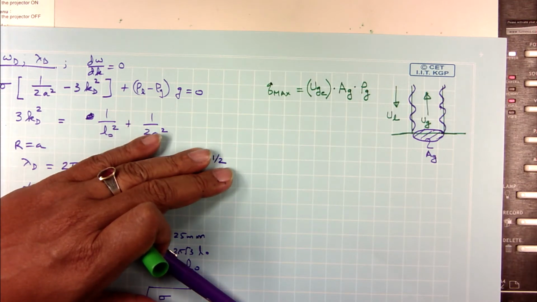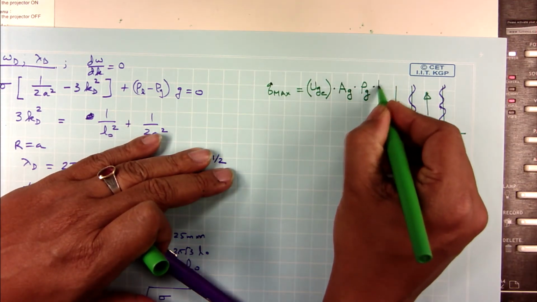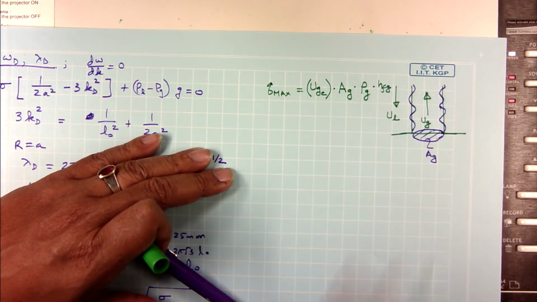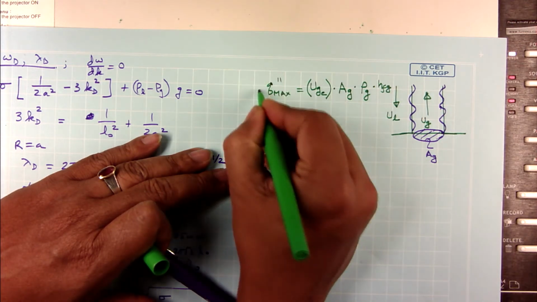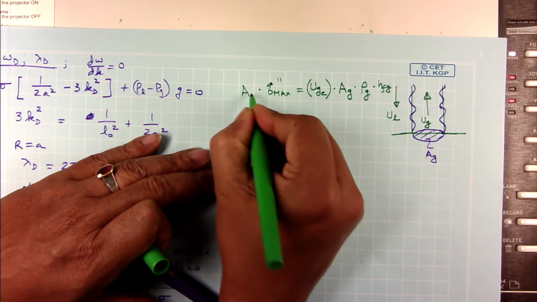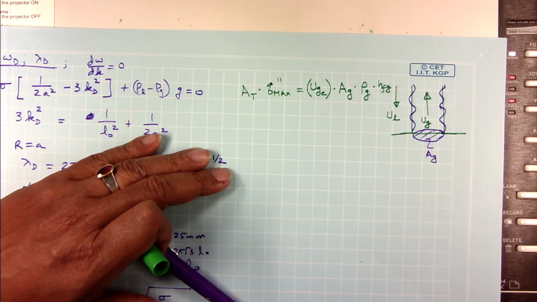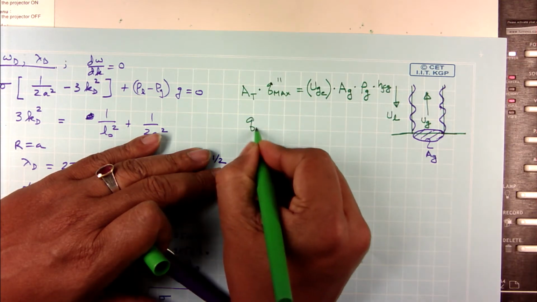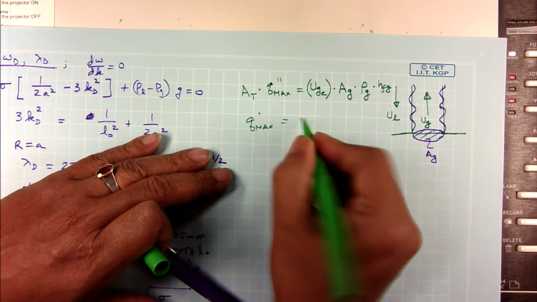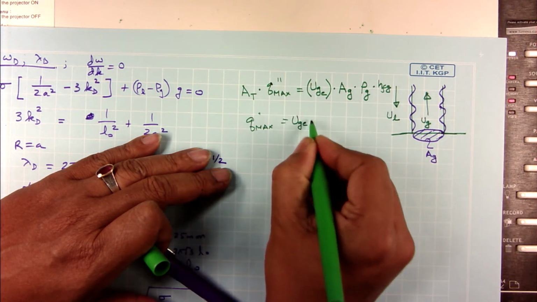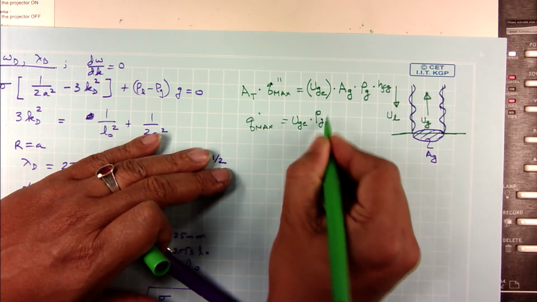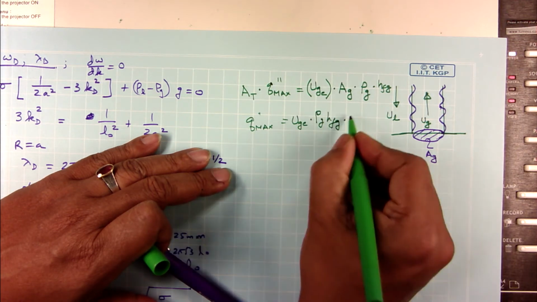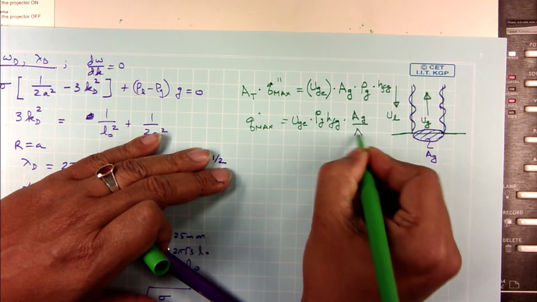If I multiply it by the HFG, that tells me the total latent heat taken away by the system, and that should be equal to my Q max double prime times the total area of the heater, isn't it? Or in other words, my Q max double prime is nothing but UGC times rho g times HFG times Ag by At.